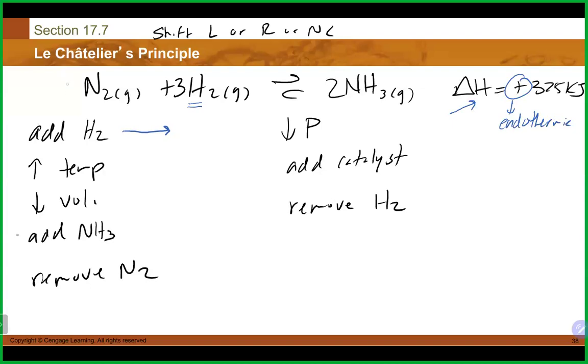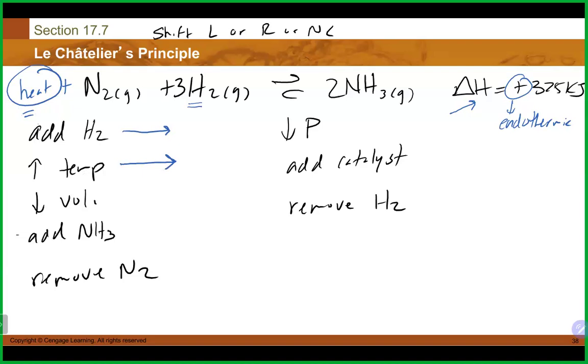And because it's endothermic, it's being absorbed, we think of heat and energy as being a reactant on this side. So now that we have that squared away, we treat it the same way as we do concentration. So when we increase the temperature, that again is essentially like adding more reactants, and that's going to cause it to shift away from it and the forward reaction to occur, and it should shift to the right in this case. Any questions on that there?